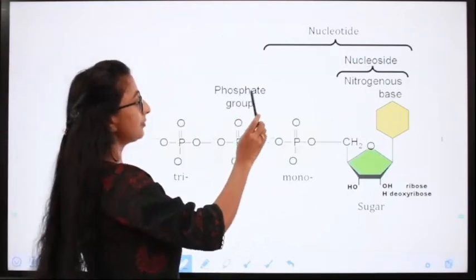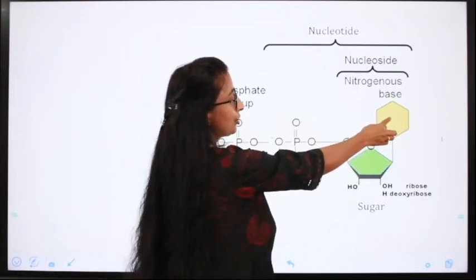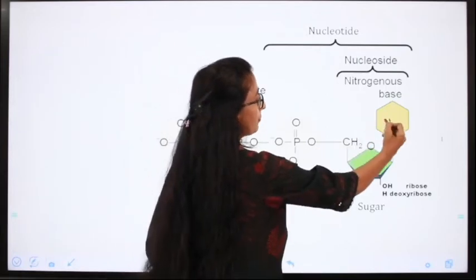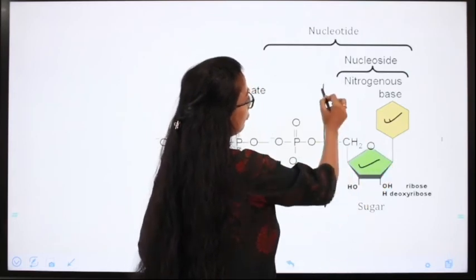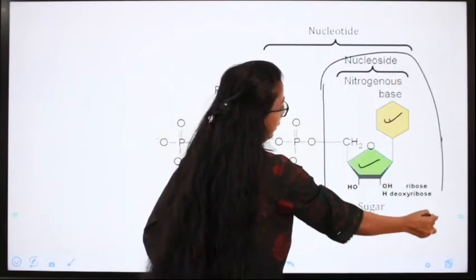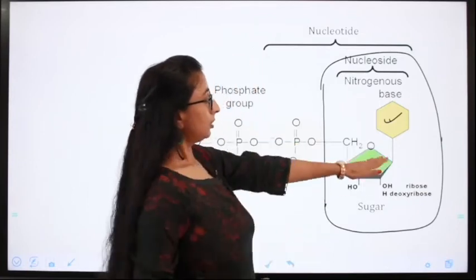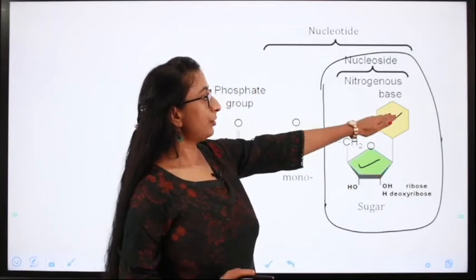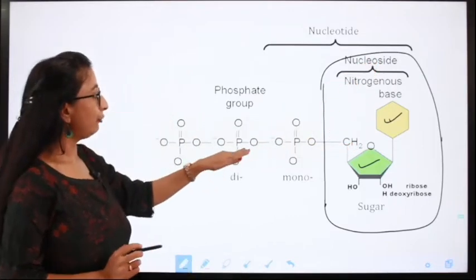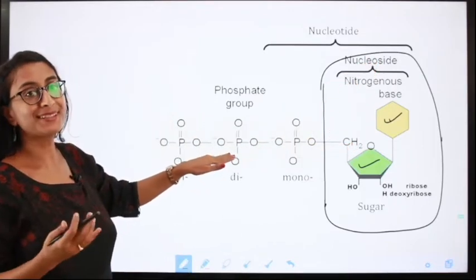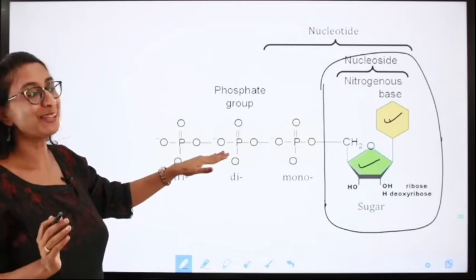So here you can see very clearly, this is the nitrogenous base and the pentose sugar. These two together form the nucleoside. Pentose sugar plus nitrogenous base form the nucleoside. To that, if you add the phosphate group, sorry, it is phosphate group.